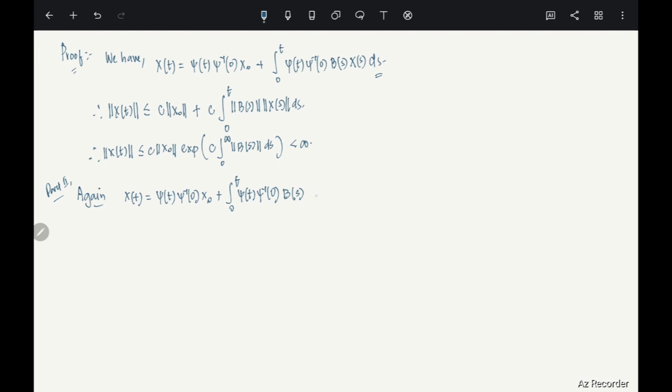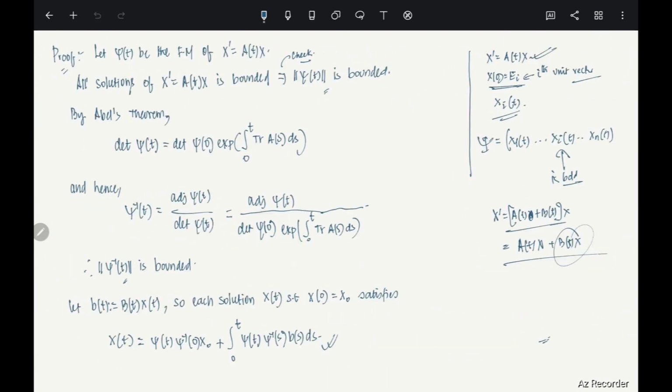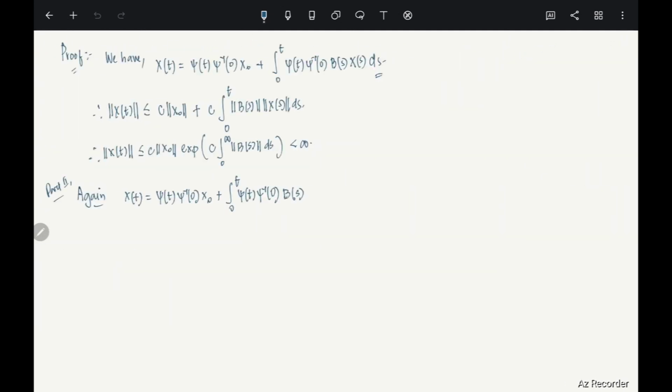I'm making some mistake somewhere, no? One second. Formula, yeah, this is phi inverse of s. I should not write phi inverse of 0. So I'm sorry about it. But anyway, it does not change anything, but the formula is correct. Here it is phi inverse of 0. Here it is phi inverse of s. And here also, sorry, phi inverse of s, b of s, ds. Clear? Now this is fine.